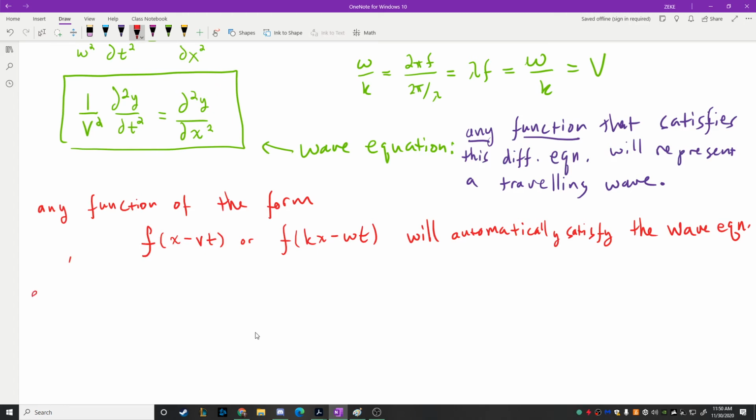So, as an example, what if I give you a function like this? So y of x and t is equal to 1 divided by, let's do something really simple, x minus 3t squared plus 1. Now you look at that equation, and you tell me, does that look like a wave?